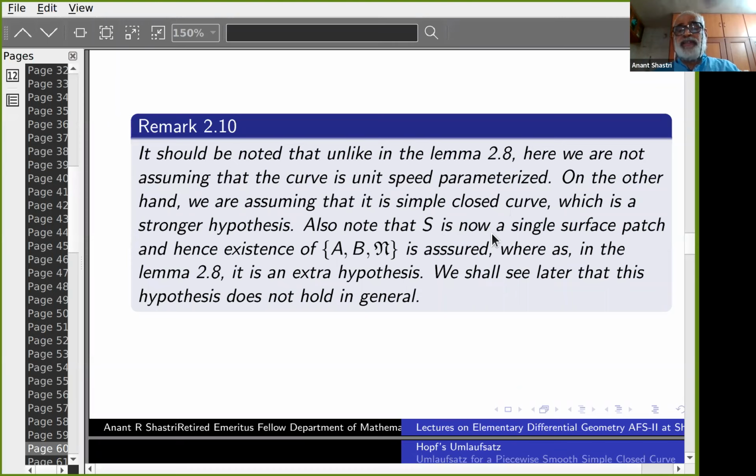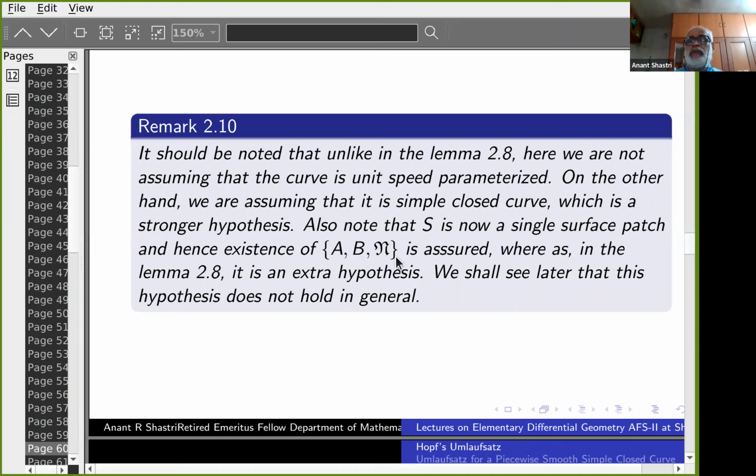The stronger hypothesis is that S is now a single surface patch. Therefore, the hypothesis that there is an orthonormal frame is assured. Indeed, we can start with sigma, which is the parameterization. Then you can take sigma u, sigma v, normalize them, and then take sigma u cross sigma v divided by the norm.